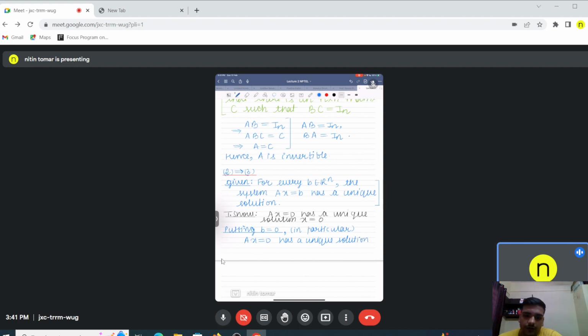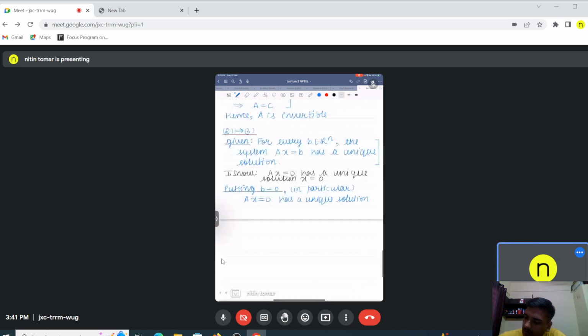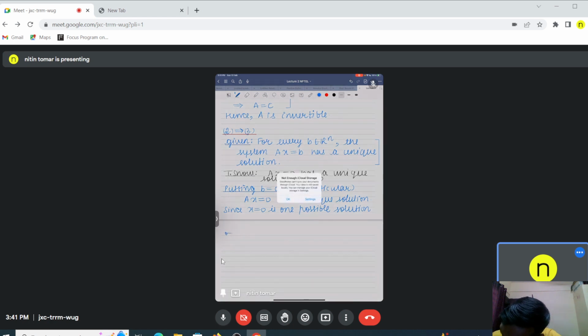So one solution we know, right? x equal to 0 is one solution. You put x equal to 0, what will be a times 0? 0. So one possible solution of ax equal to 0 is 0, and it has a unique solution.